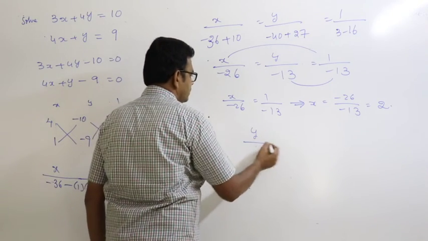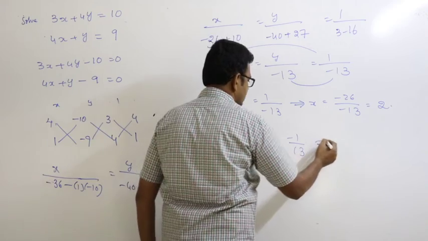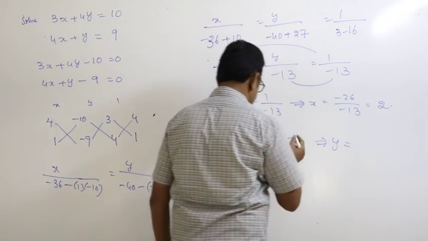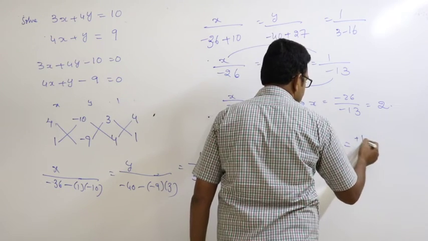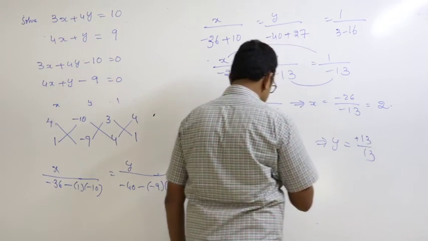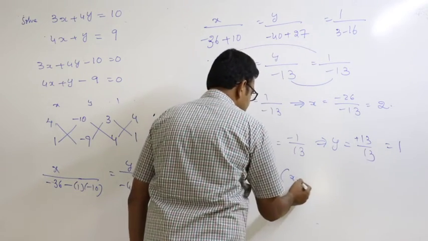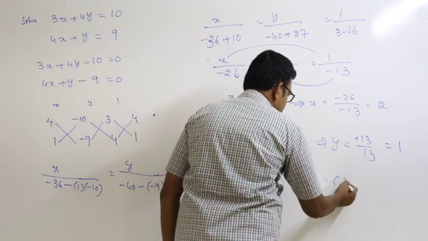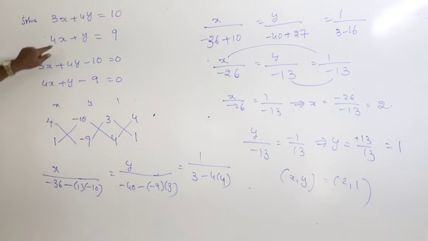Next, y by minus 13 equal to 1 by 13 implies y is equal to 13 by 13, because minus minus cancelled, that equals 1. Therefore, x comma y is equal to 2 comma 1. You just verify whether it is right or wrong.